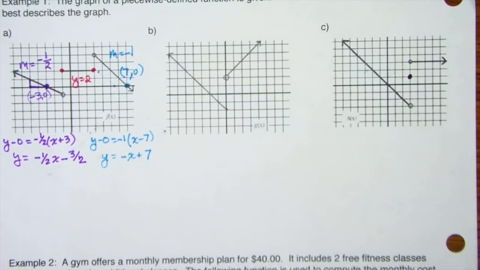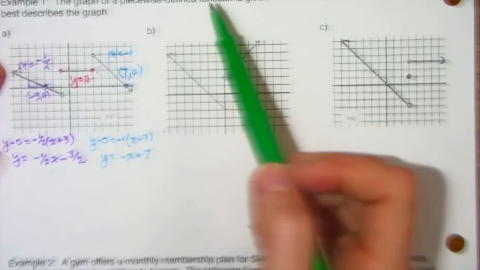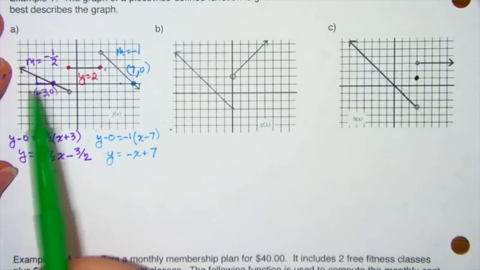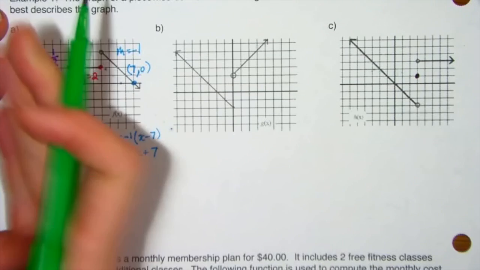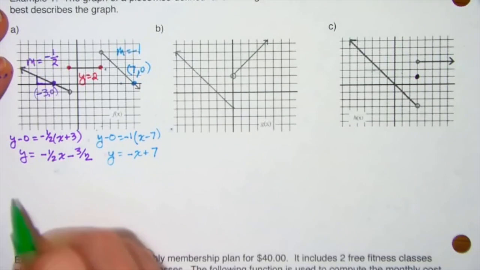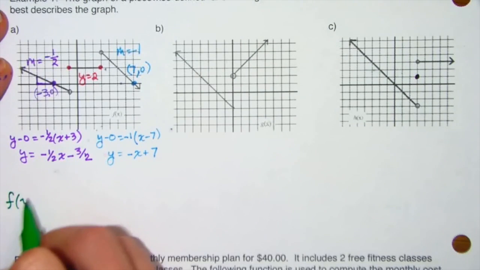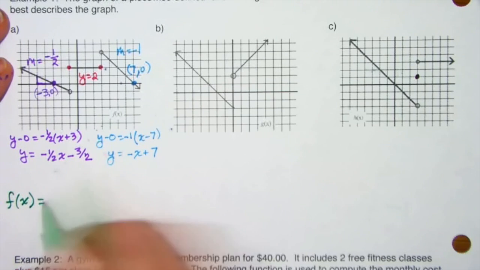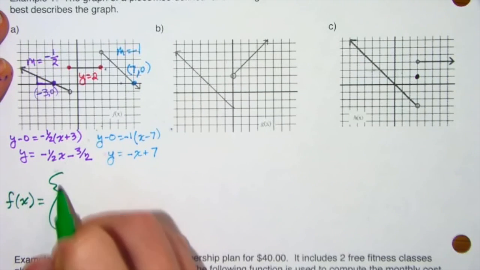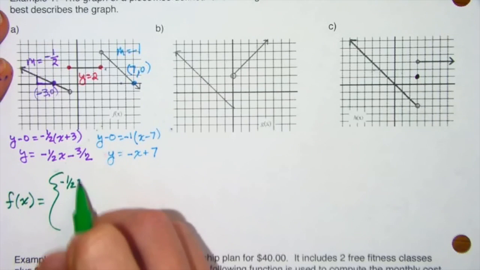Okay, so what's nice about this is we actually have our 3 equations. Generally when you're writing piecewise functions, you would write your equations from left to right, following the domain from left to right. So f of x equals negative 1/2 x minus 3/2.